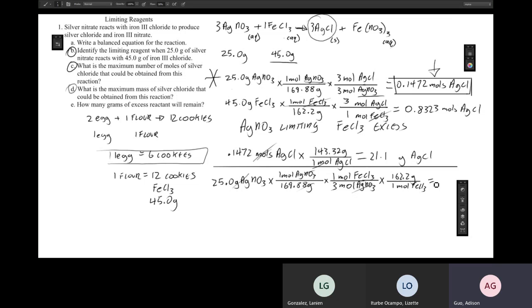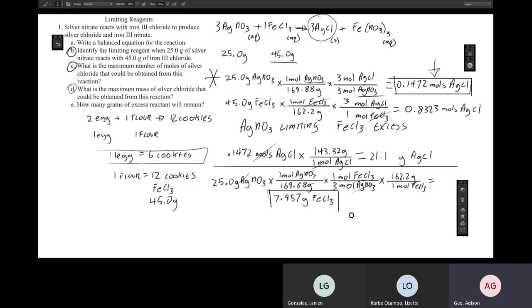Double check the math. Yeah, looks correct. This tells us that we ended up using 7.957 grams of iron chloride. So this is the amount we used up.